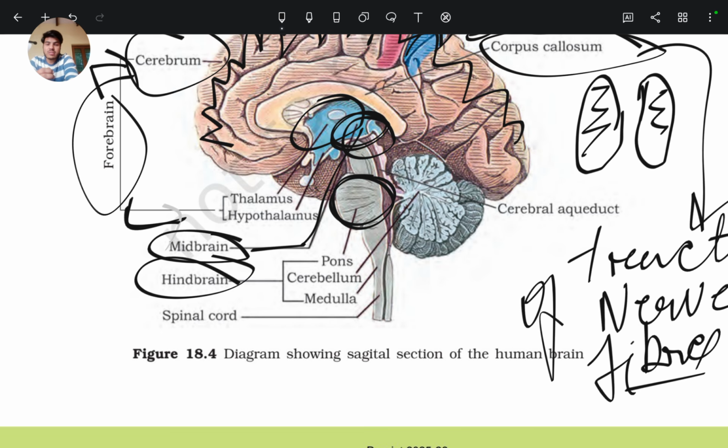So the hindbrain has three parts: pons, cerebellum, where many tracts of nerve fibers are located, and medulla oblongata. The medulla oblongata connects to the spinal cord.